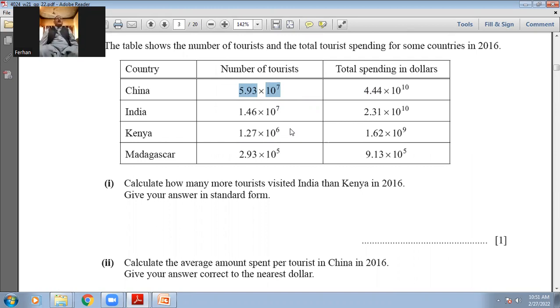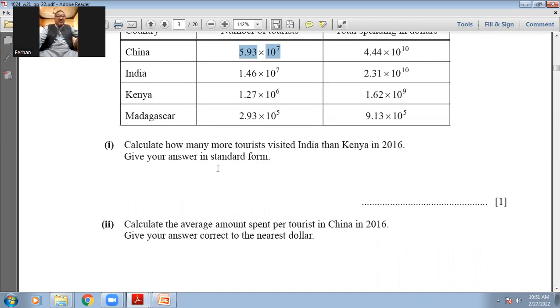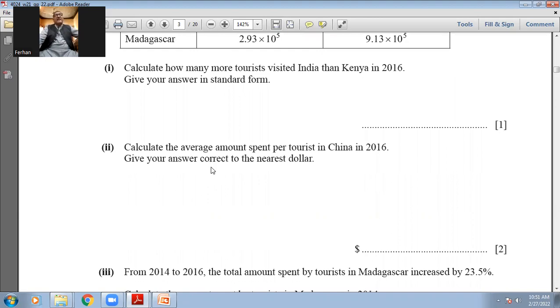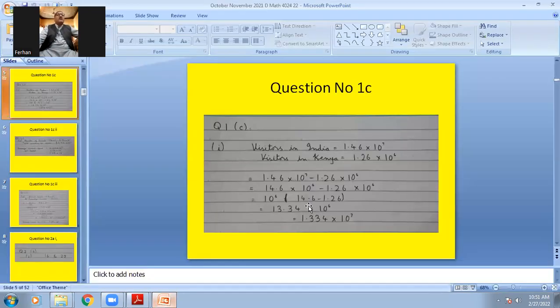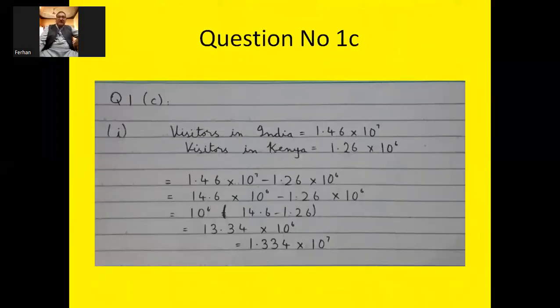In your calculator, you will write 4.44 x 10^10 divided by 5.93 x 10^7, and that will give you the average amount in dollars spent by each tourist who visited China. It's a 2-mark question. Let me show you my answer.